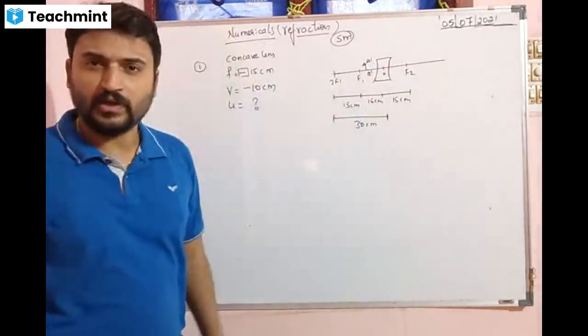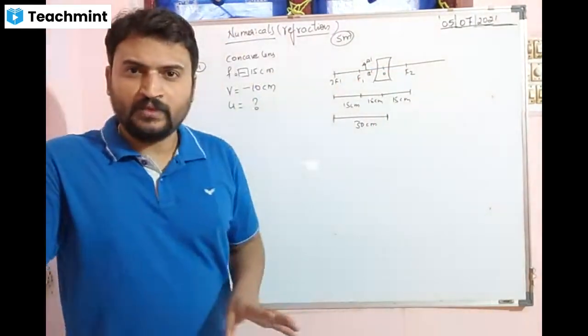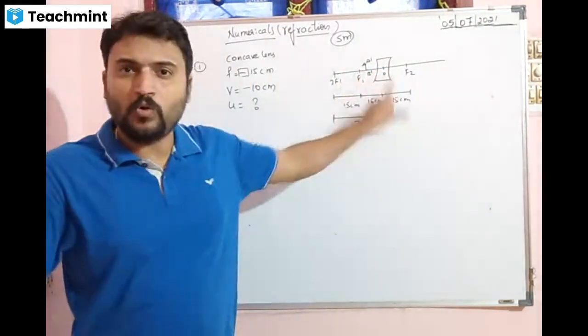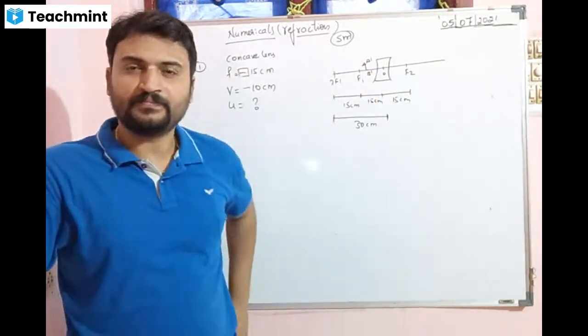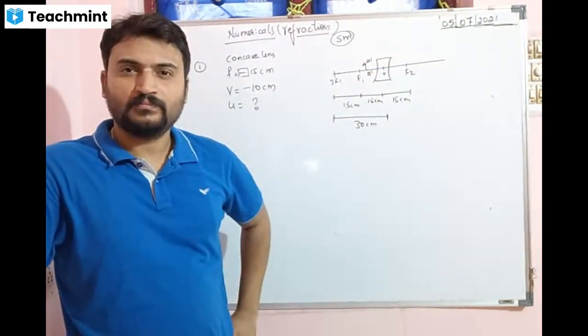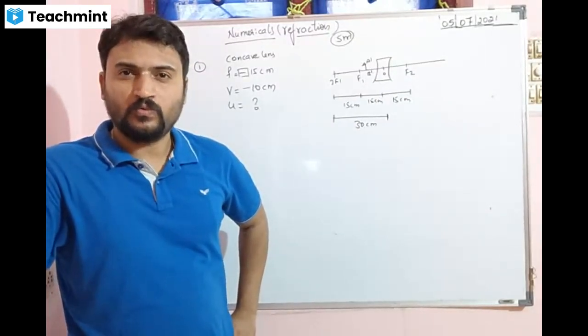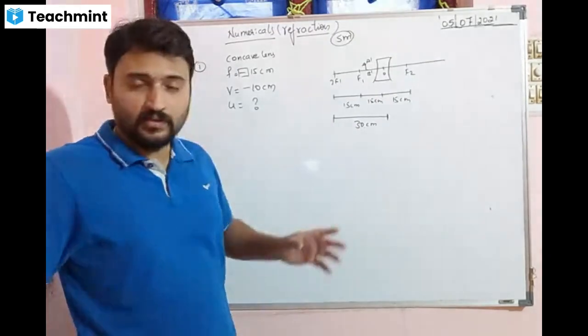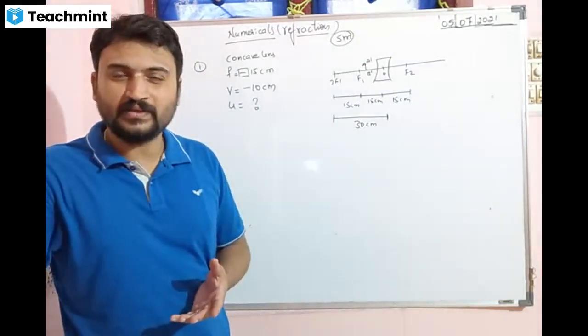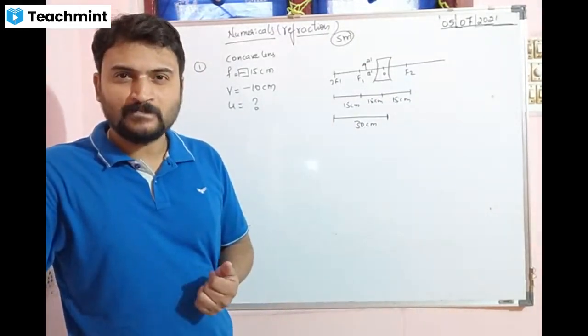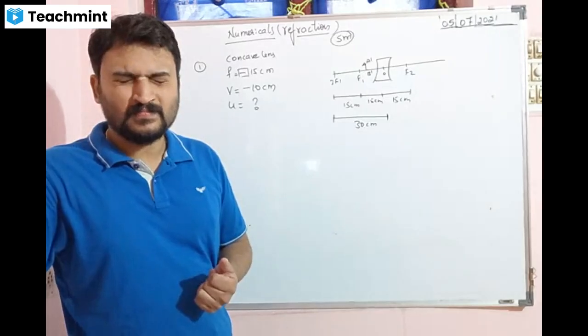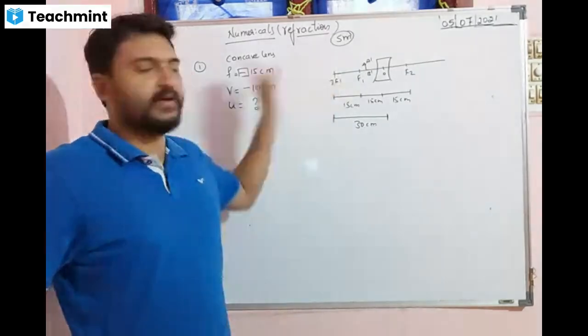Where is the object? You tell me with the table. If the image is between F1 and O, where is the object? Behind the lens, between infinity and O, wherever it can be.